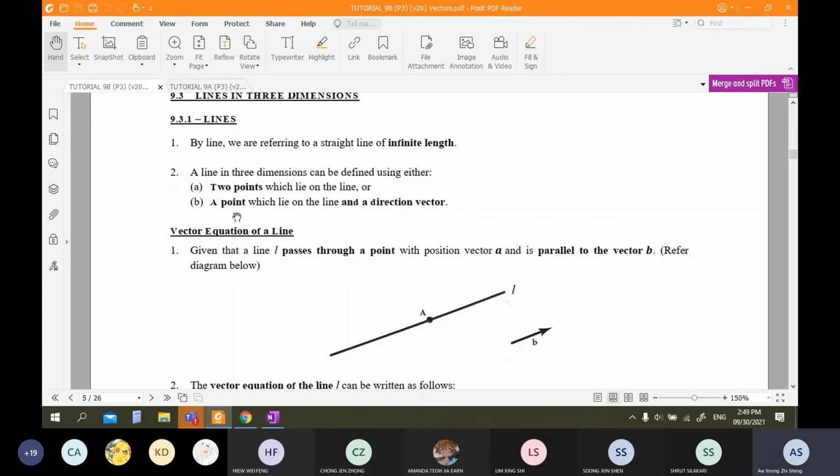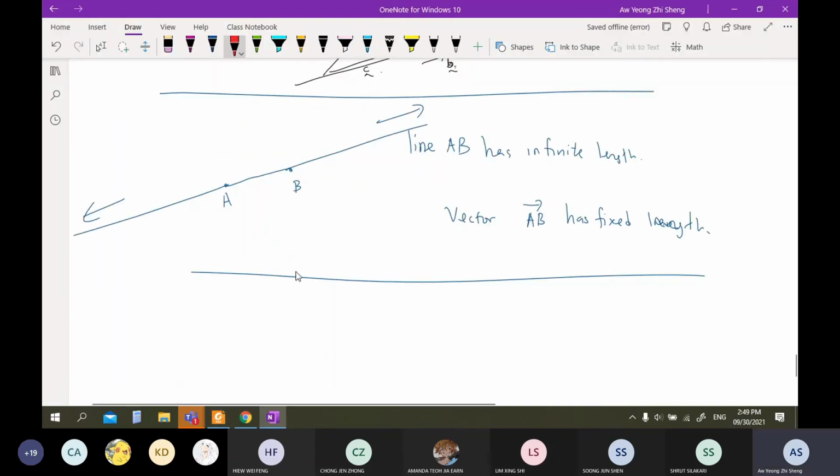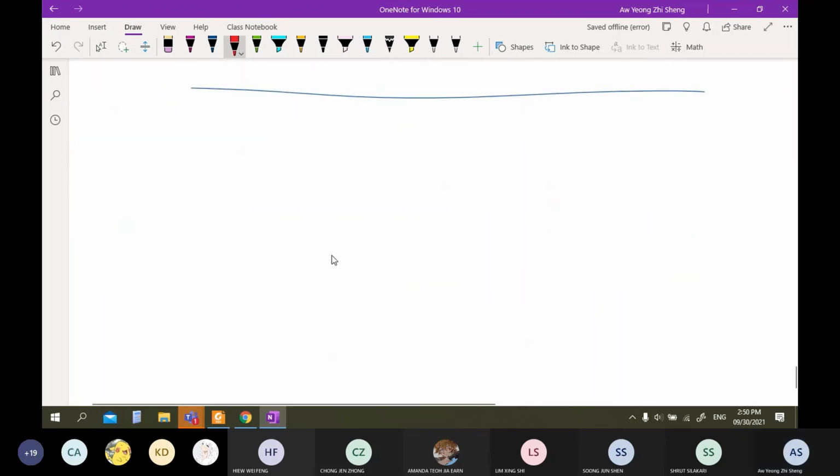Or if you are given a point which lies on the line and the direction vector of the line, then you can also get the equation of the line. Direction vector is a new concept that many of you have never heard before. So to understand the meaning of direction vector, I will have to explain it using 2D first, and then the same idea is applicable to 3D.